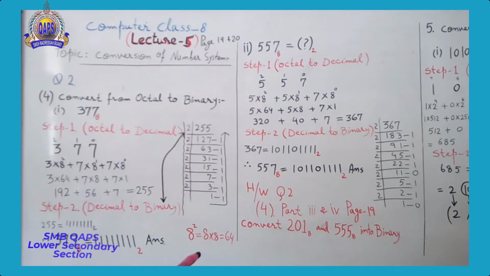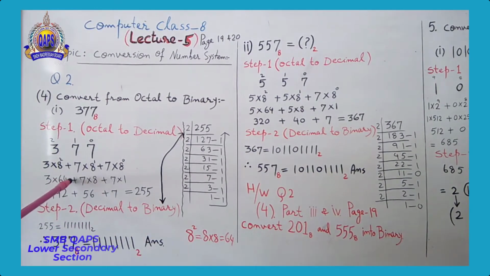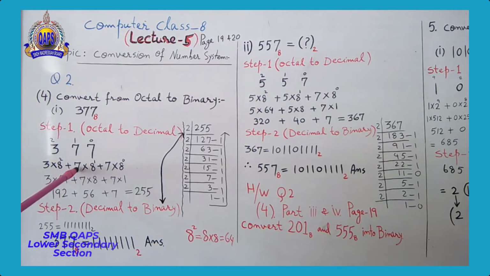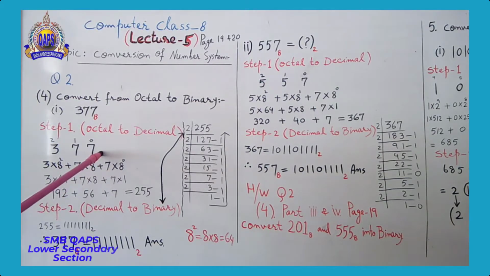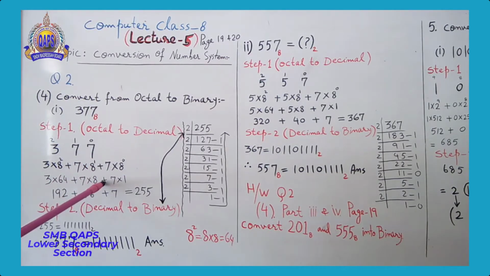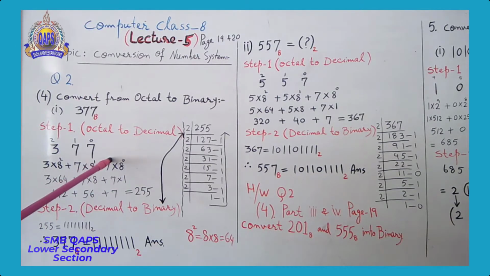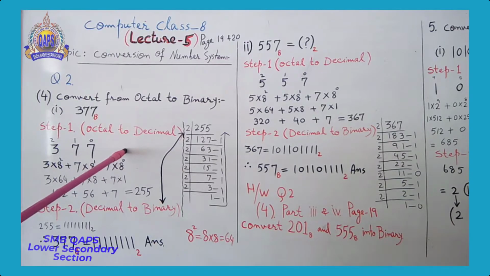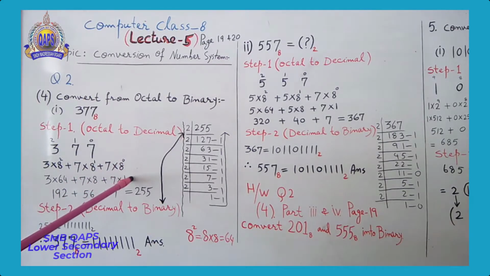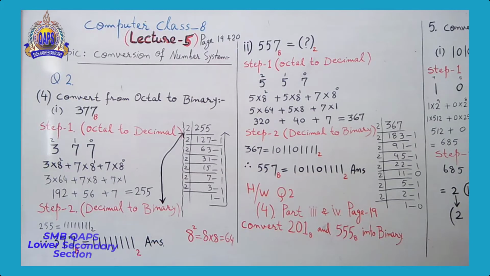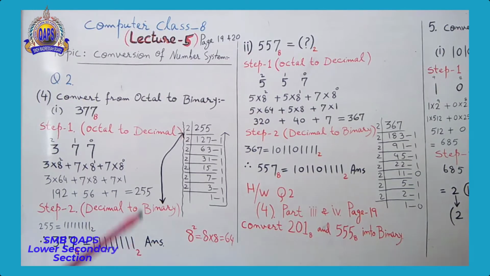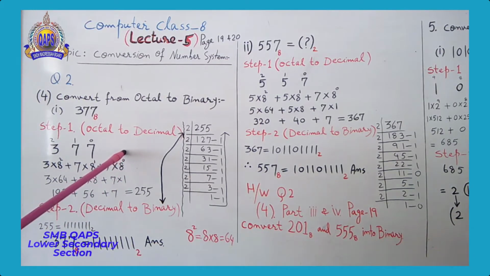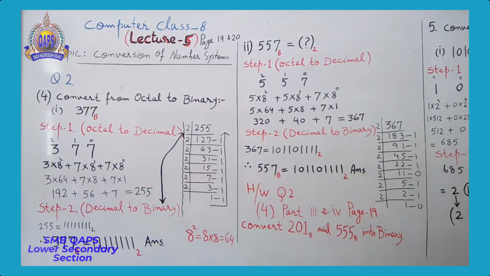I hope you understand. Plus 7 multiply by 8 power 1, it will be 8, plus 7 multiply by 8 raised to the power 0 is equal to 1. I told you many times, any digit raised to the power 0 is always equal to 1.